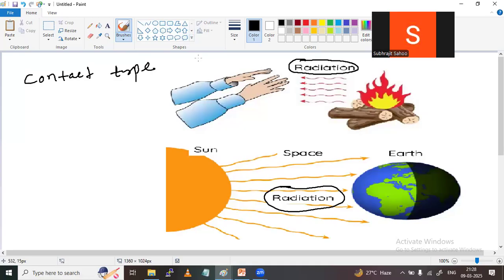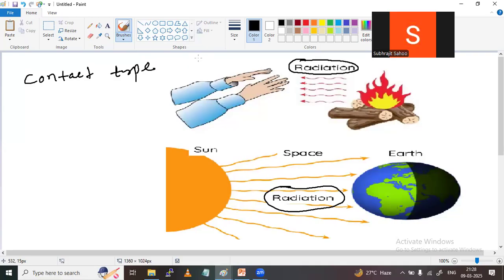That means the sensing element of the instrument has to touch the surface of the body whose temperature is to be measured. The sensing element definitely comes in contact with the hot surface, or any surface whose temperature has to be measured. But there is a problem.